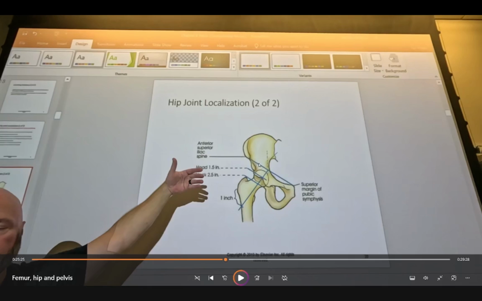So I don't recommend that. There are too many different ways to get there where you don't have to palpate.